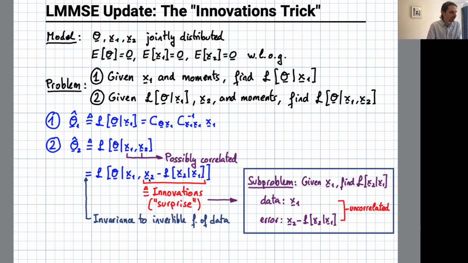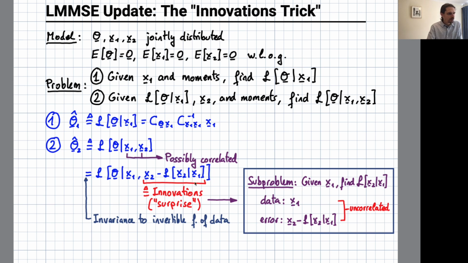So let's look closer into this term here. This is what we call the innovations. It captures the surprise, what x2 brings on the table that we didn't know just by looking at x1. So it's the new information.